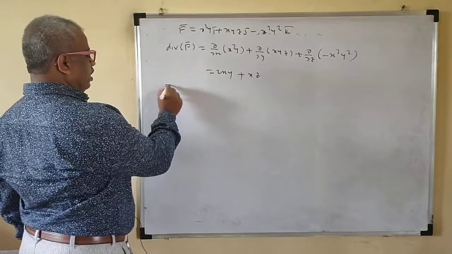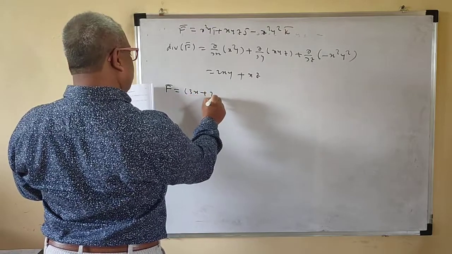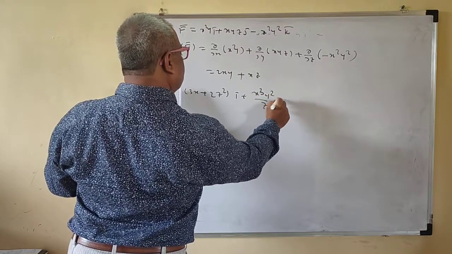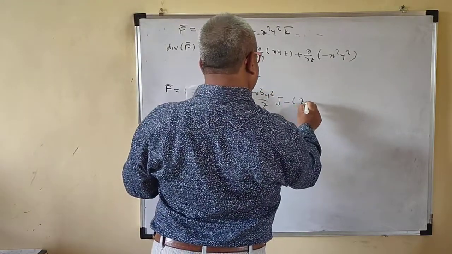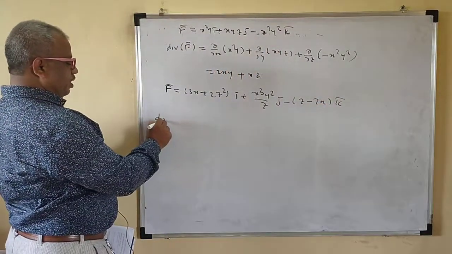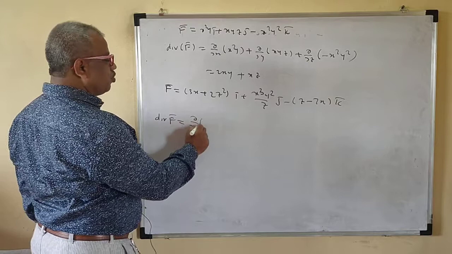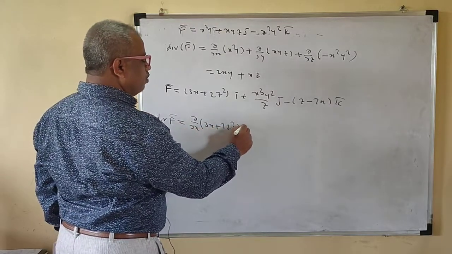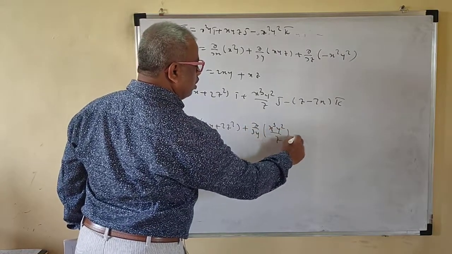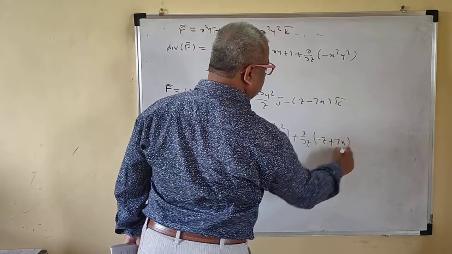Next, f bar is equal to 3x plus twice z square i bar plus x cube y square upon z j bar minus z minus 7x k bar. We find the divergence of f bar. Dou by dou x of the first component, plus dou by dou y of x cube y square upon z, plus dou by dou z of the third component, along with the sign, which is minus z plus 7x.